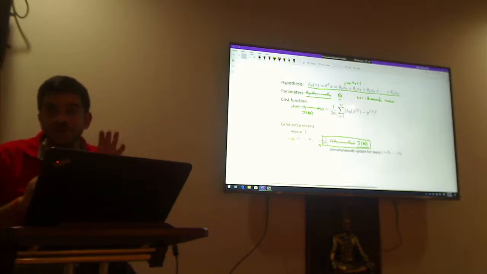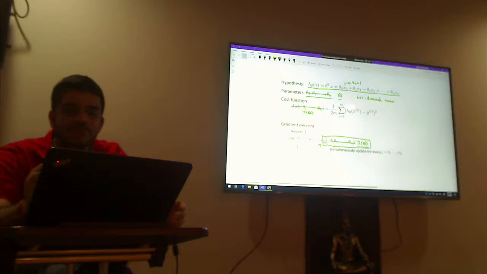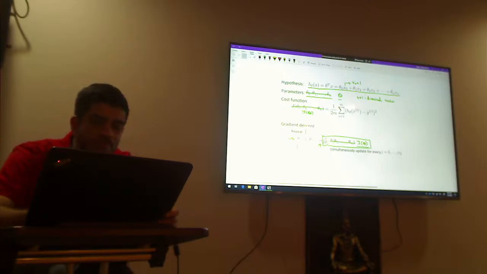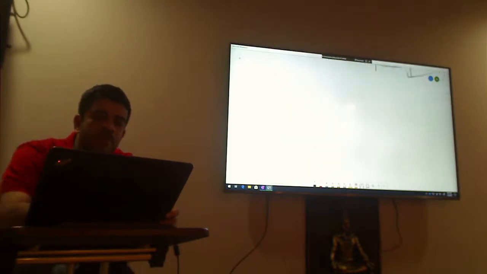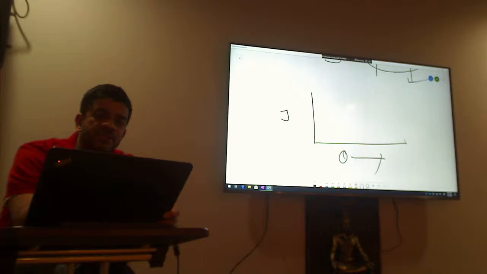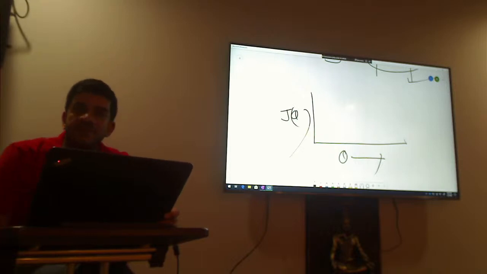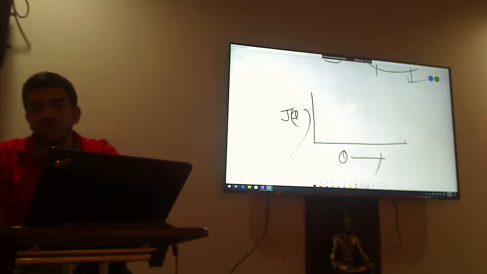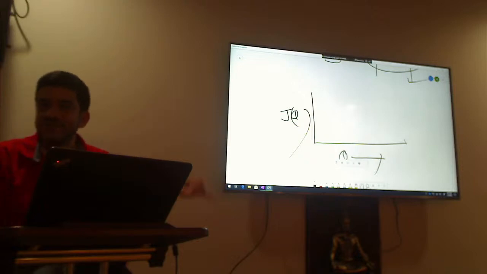So what you are trying to do is, let me just go here. This is the value of theta. This is the value of J theta. This is how we predict it. The gradient descent is always a function of the parameter, whereas the cost function is always a function of the variable.